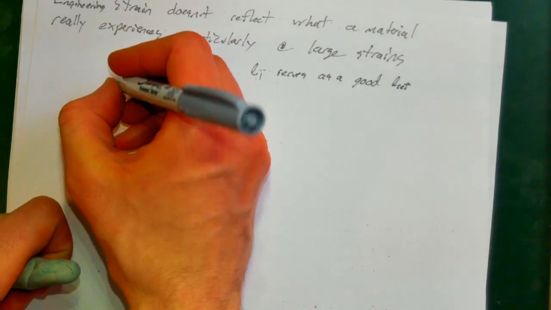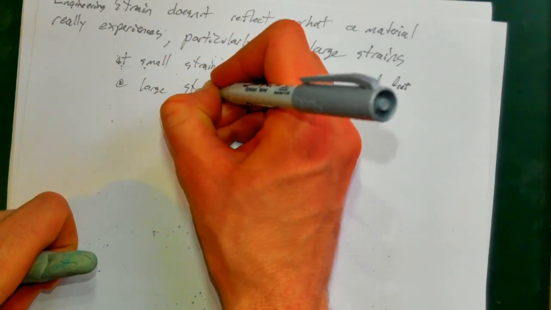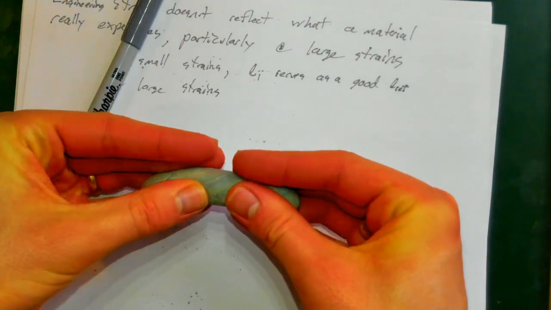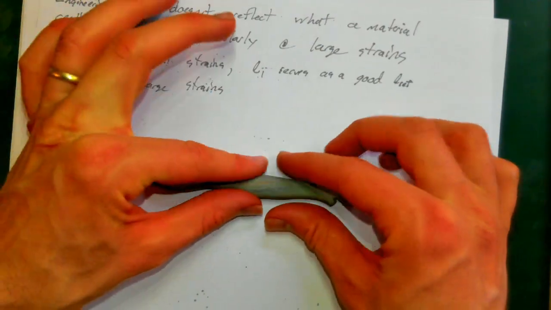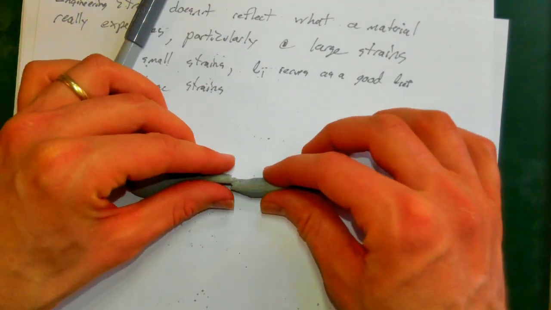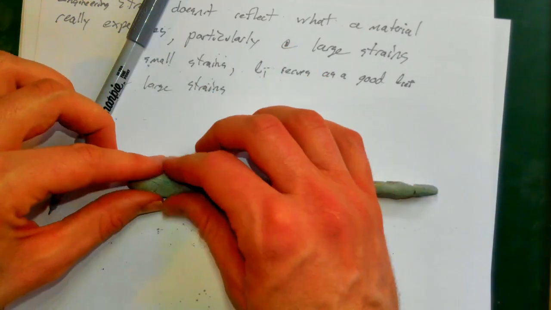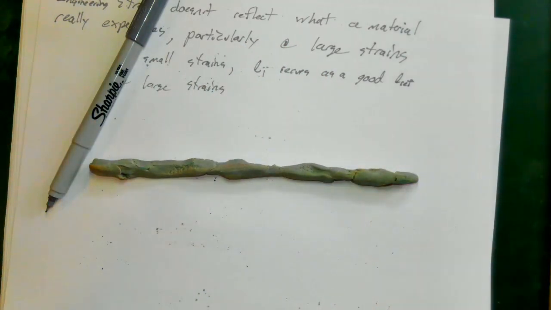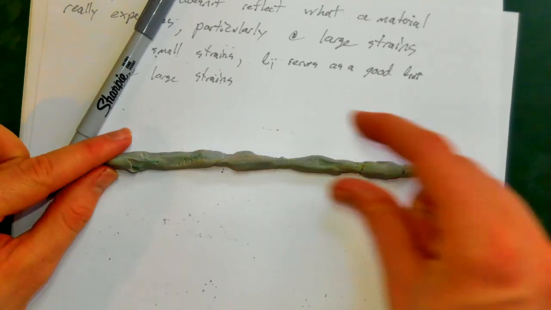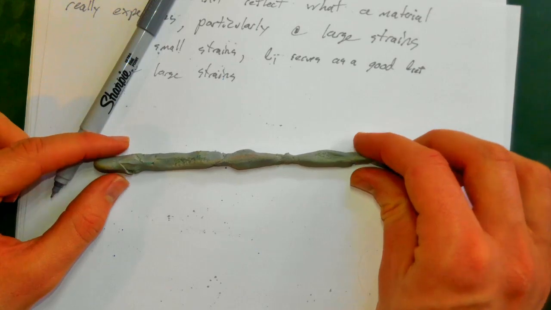But at large strains, imagine I started with this material here, and I stretched it out and stretched it out and stretched it out. Then, after having stretched it out a lot, I wanted to stretch it just a little bit more.